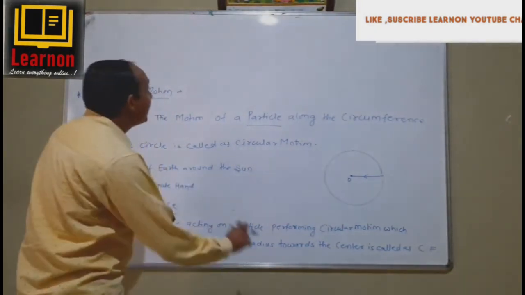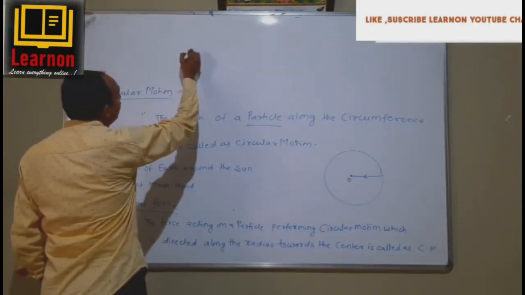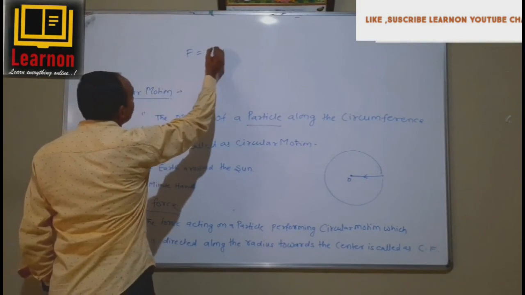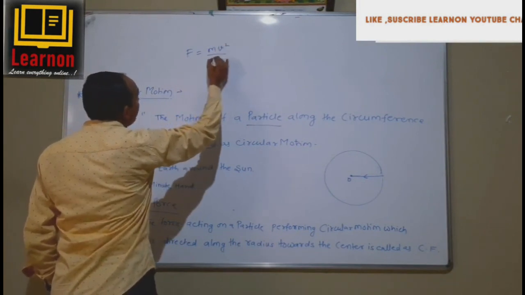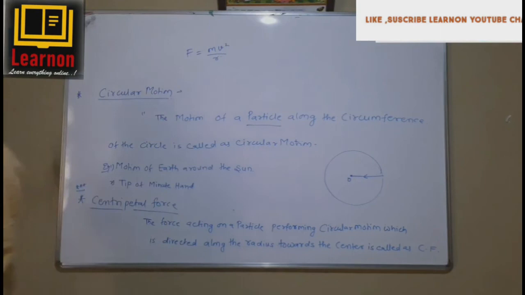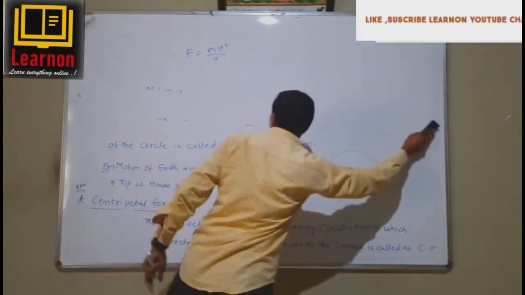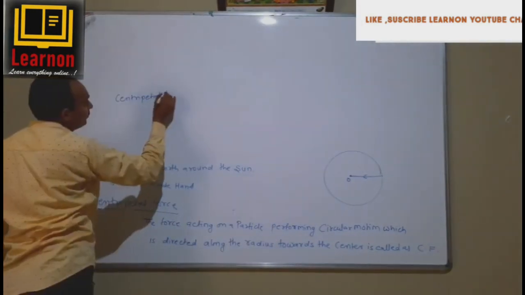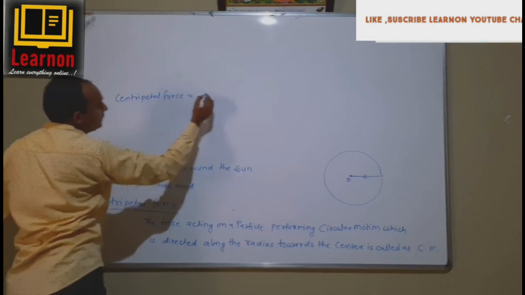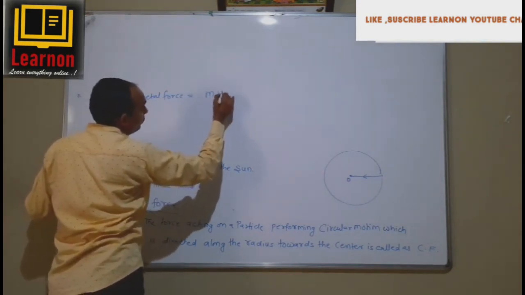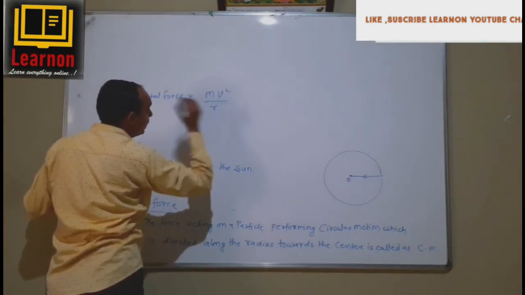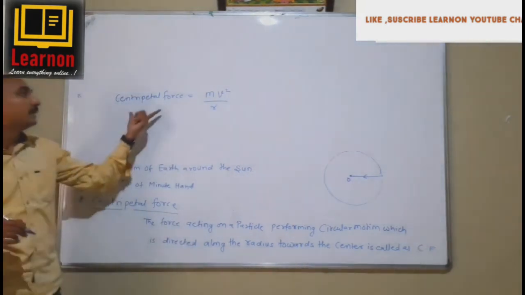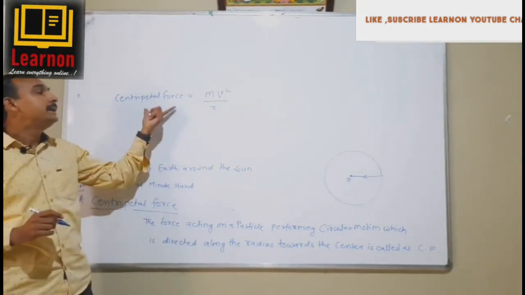So what is its magnitude? Let's write its magnitude directly: F is equal to mv square upon r. What is the magnitude of centripetal force? The magnitude of centripetal force is mv square upon r. This is nothing but the magnitude of centripetal force.